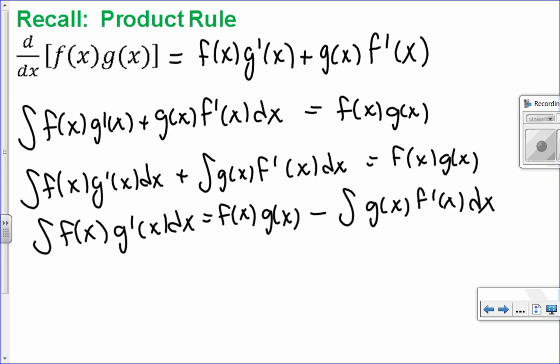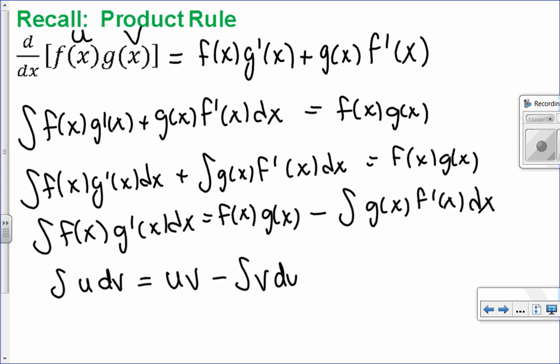But this looks a little bit daunting because there's a lot going on there. So I'm going to use substitution to help me make this a little simpler. I'm going to call f of x function u and g of x function v. So this would be the integral of u, the derivative of v, equals u times v minus the integral of v, the derivative of u.